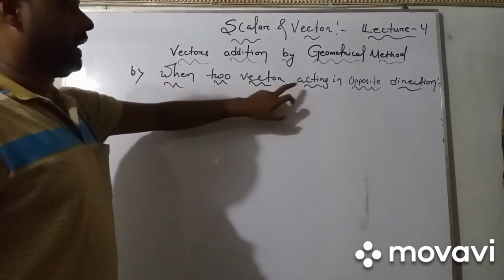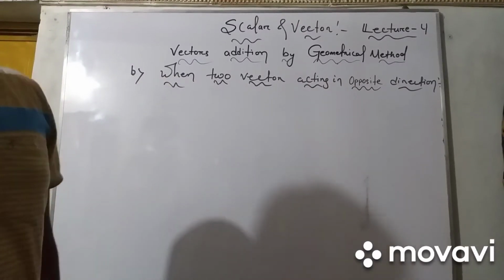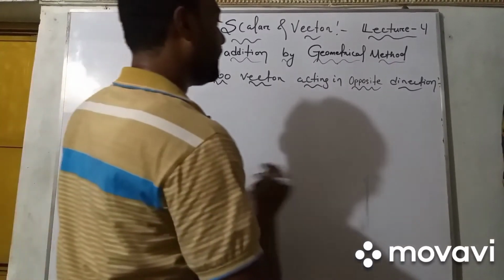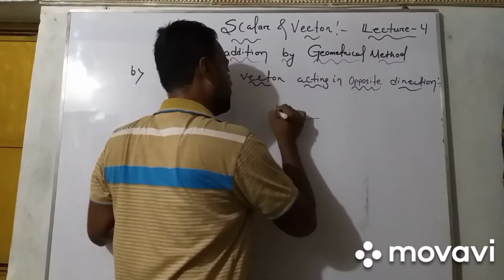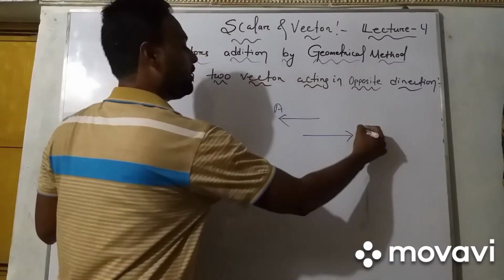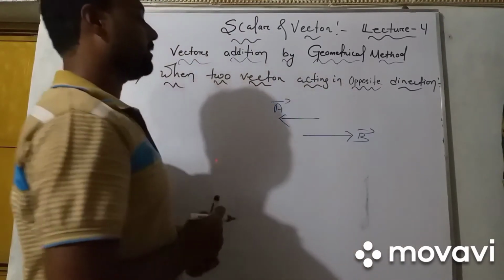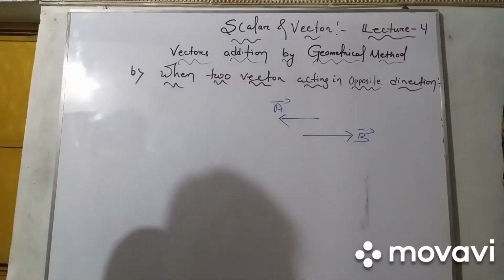When two vectors are acting in opposite direction. Now suppose two vectors are represented in opposite directions. Suppose this is a vector and this is b vector. Both are acting in opposite direction. So how is their resultant vector given, how to consider?